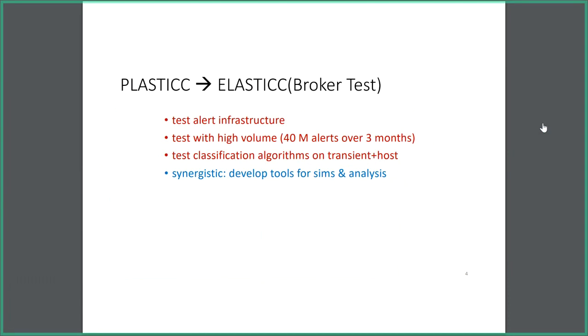Of course, in practice, 40 million alerts is like a week, but we're going to distribute over 3 months, and to test classification algorithms on transients plus their host correlations. And then in parallel, there's a lot of synergistic development for simulation and analysis going on.